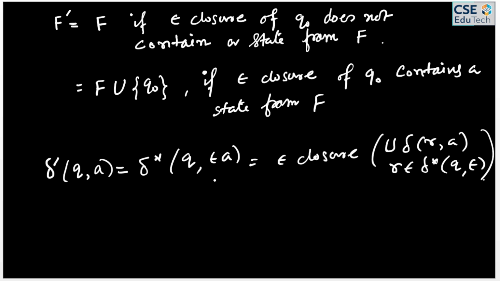Clear? So how can we construct this? We can construct it by using these concepts. A here is a symbol, for all A belonging to sigma we have to do this. Now first is Q naught. From Q naught, we have to find this, by epsilon closure of delta star from Q naught by taking 0.